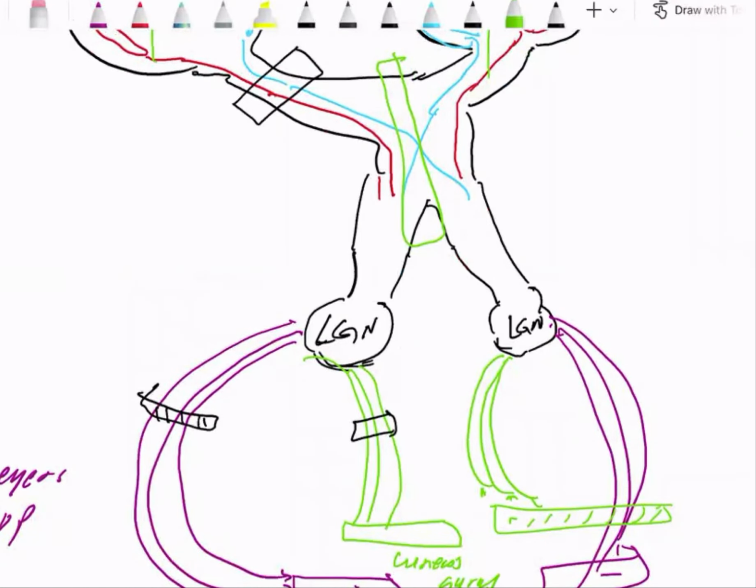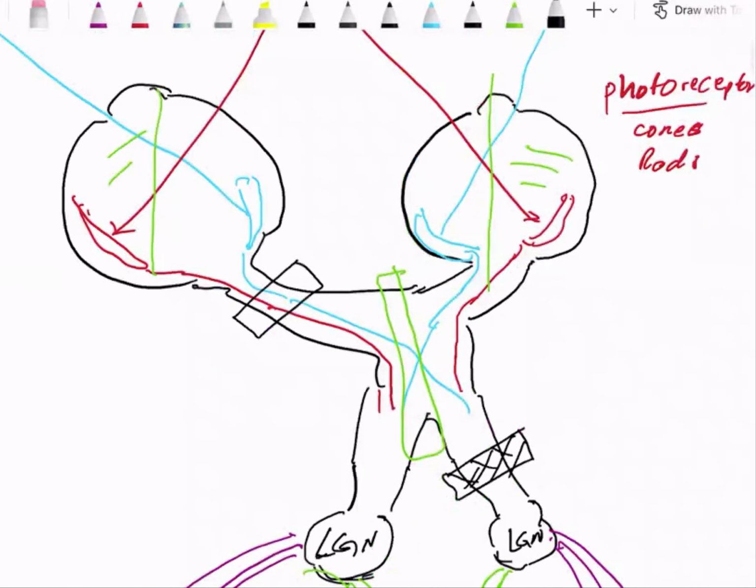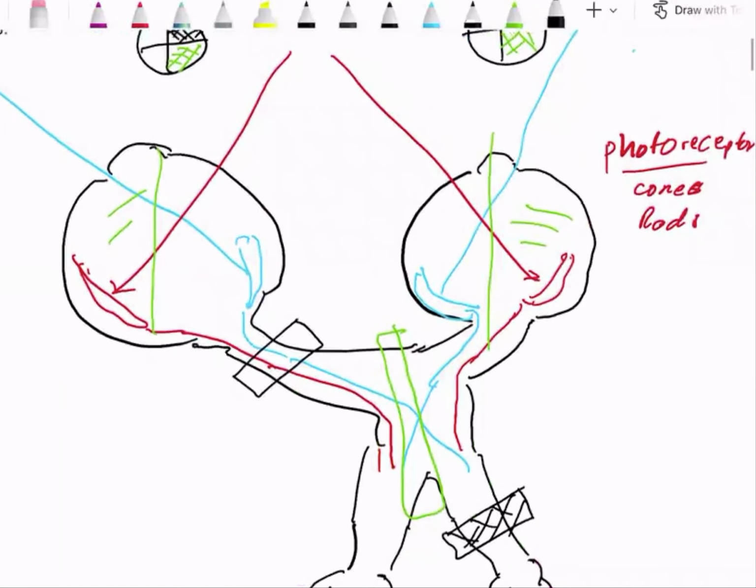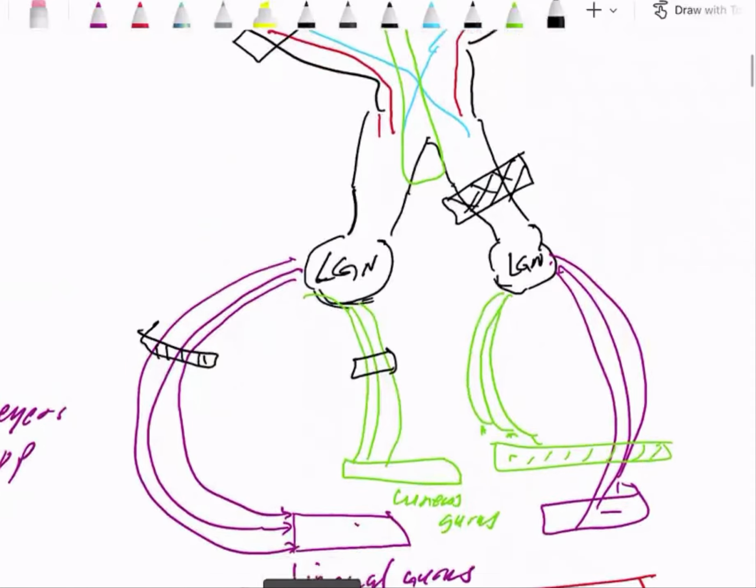If we knock out one of the optic tracts, we are going to have a visual field defect, which is the left visual field, and this is what we call the right homonymous hemianopsia for the optic tract lesion.